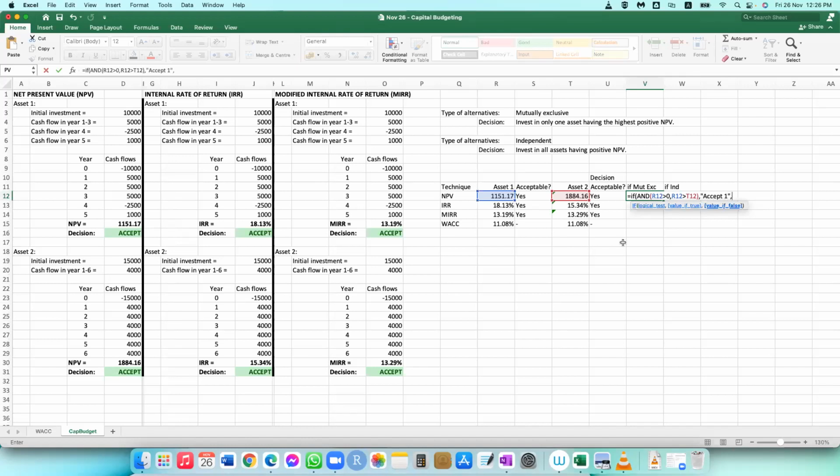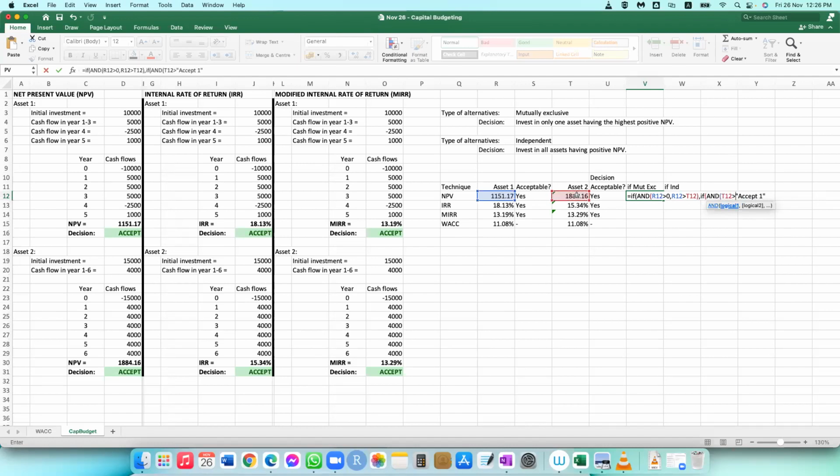Otherwise, you need to have another condition actually for the second one. Sorry, it has to be here. Nested IF, okay? Same thing, and if this one, now we're targeting asset 2.